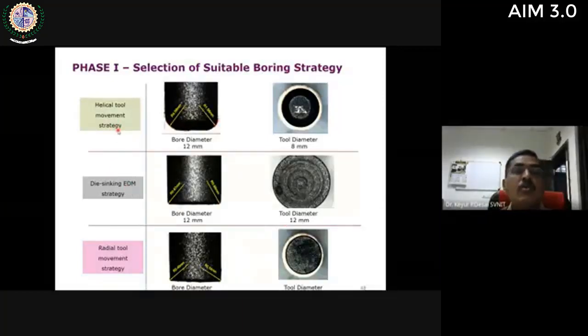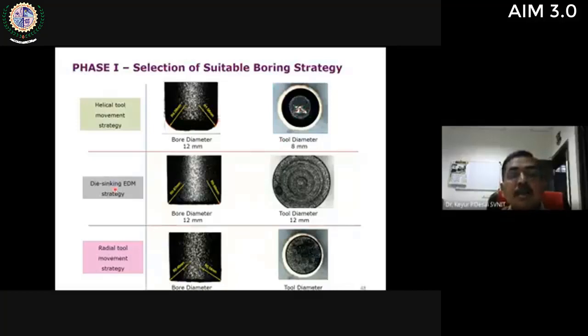In case of helical tool movement, bore diameter 12 mm, the corner radius which was measured is 4.09 mm. That means the tool has suffered this much wear and this much bottom wear. Tool diameter 8 mm, you can see the bottom view.